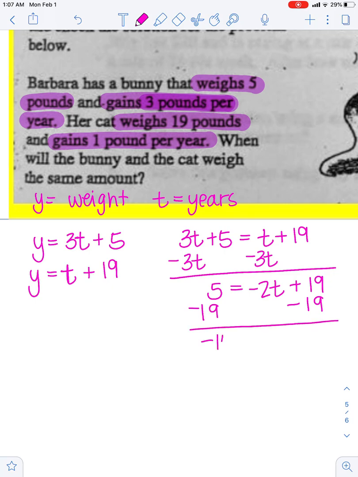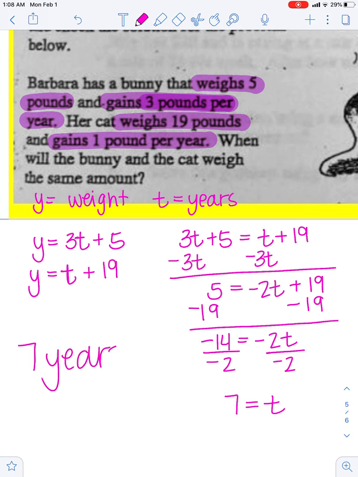And that will give me negative 14 is equal to negative 2t. I'll divide by negative 2 on both sides to get that 7 is equal to t. So they will be the same weight after 7 years.